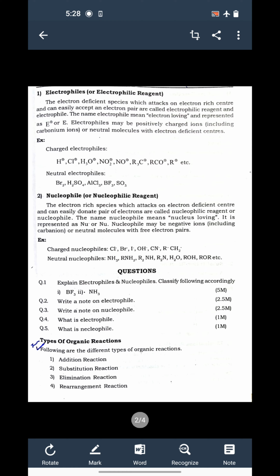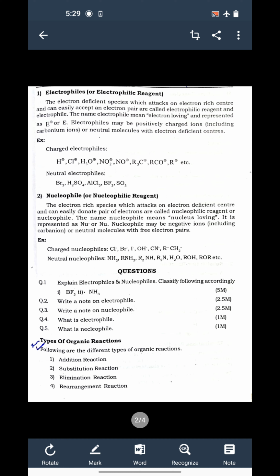Then the second one is nucleophile, or nucleophilic reagent. Nucleophile means nucleus loving, a species which is attracted towards an electron deficient center. The species which attacks a center where electrons are fewer is a nucleophile. The nucleophile again may be charged or neutral.